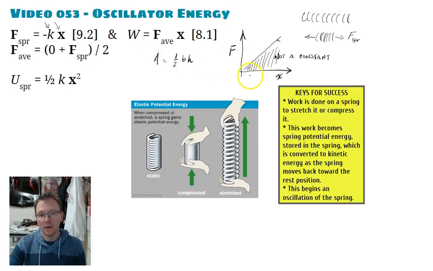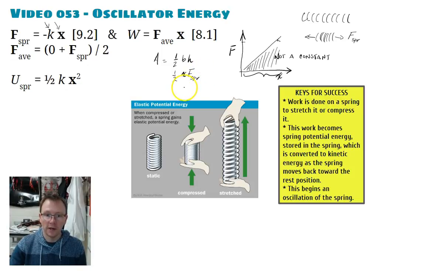Now, if we look at it here, what's the base? Well, the base is actually that x. So I'm going to put that in there so you can see it. So we've got 1/2 times the maximum x value, times the height. Now the height is this maximum force value, which would be the force on the spring at its highest point.